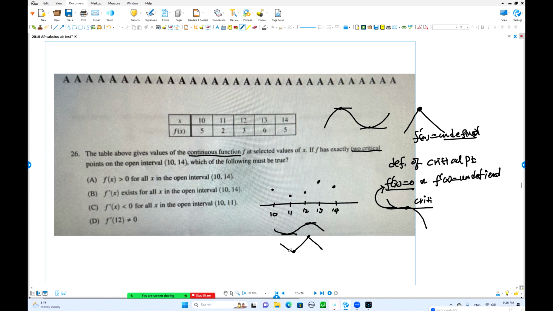Which of the following must be true? First: f of x is greater than 0 for all x. The graph could look like this, where all the y coordinates are already positive.